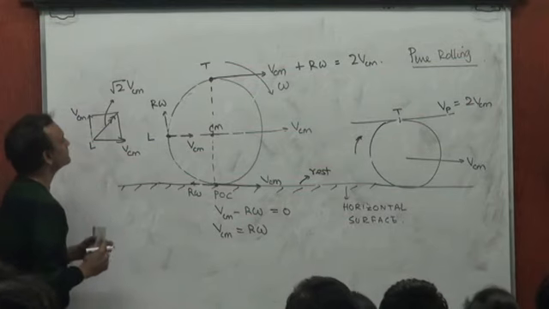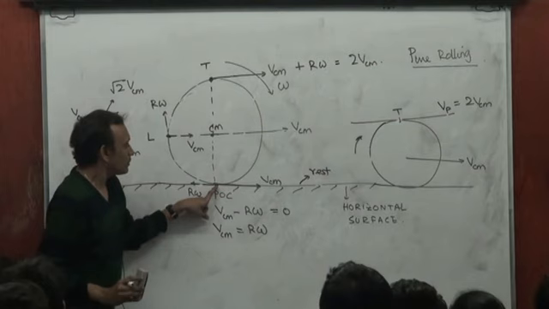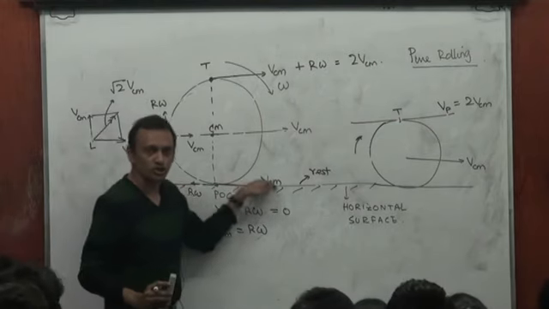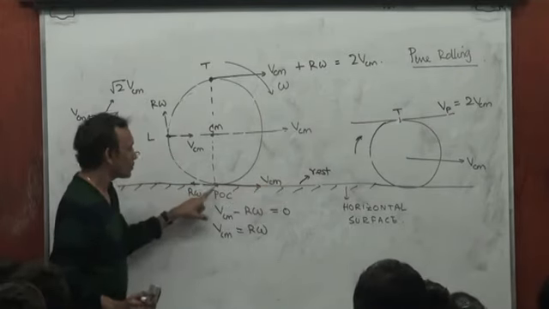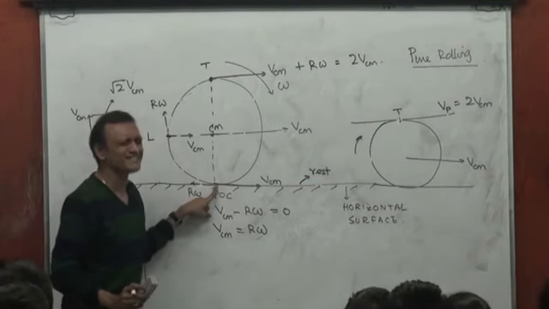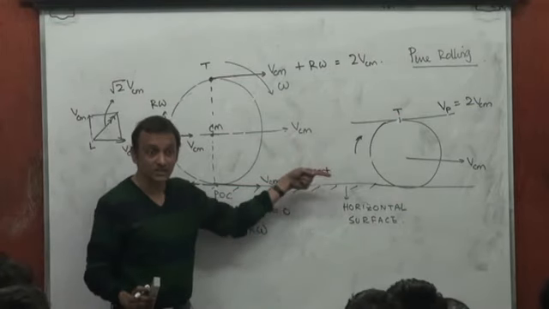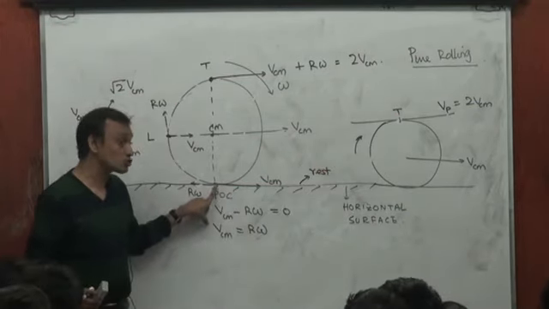In fact, I could have realized that in a situation where this horizontal surface is at rest, this point of contact has zero velocity. So this could be looked upon as the instantaneous center also. If the horizontal surface is at rest, then the point of contact also is at rest.